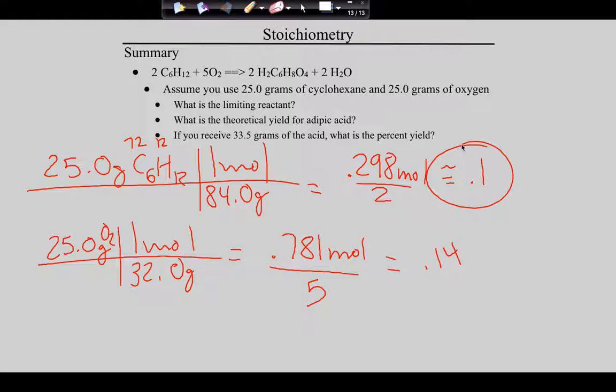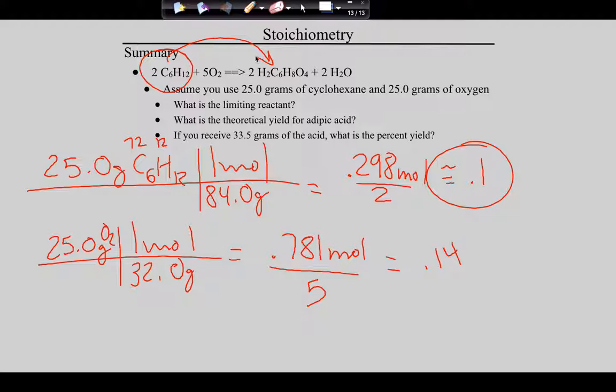Questions on part A? Okay. So guys, here's what we now know. This is what we're going to run out of first. What does that make oxygen? Excess. So we've got a limited amount of cyclohexane and excess oxygen. Now our question is, given a limited amount of this, how much adipic acid can we make?